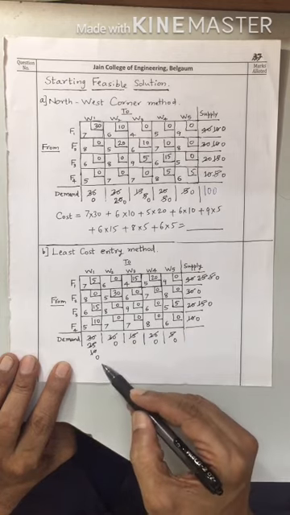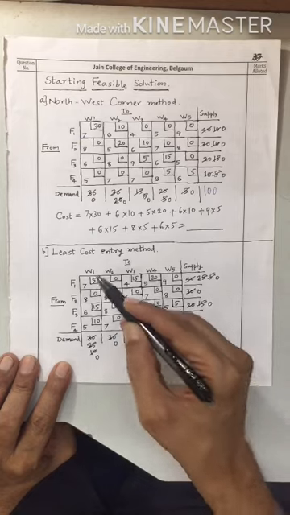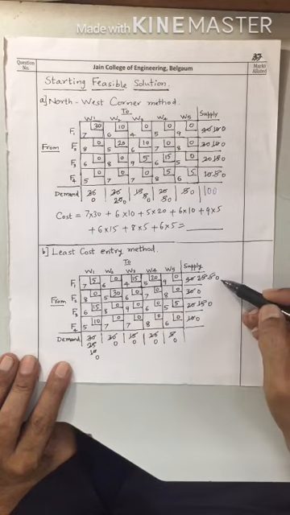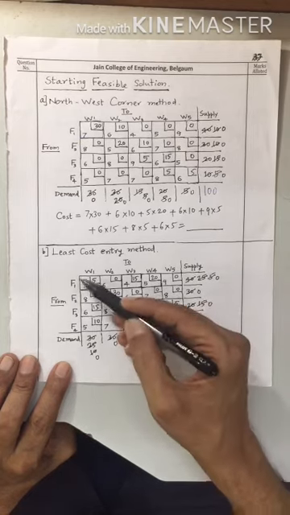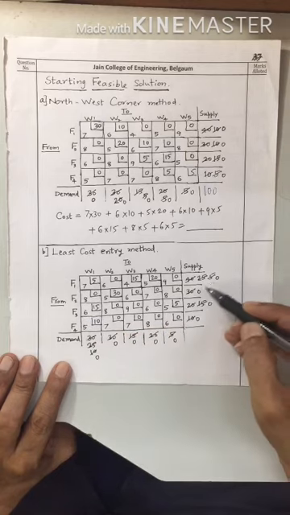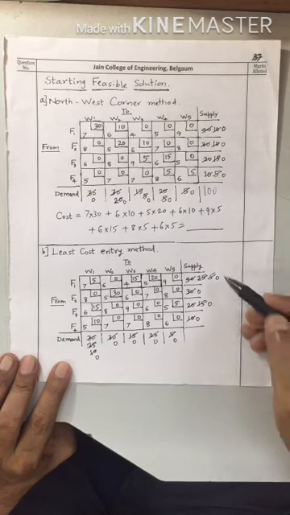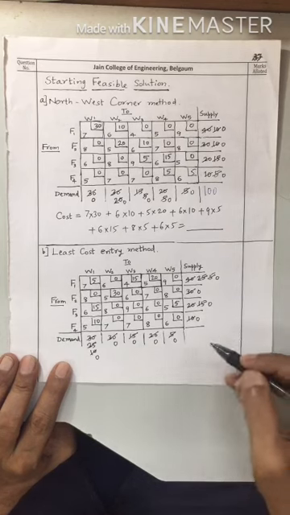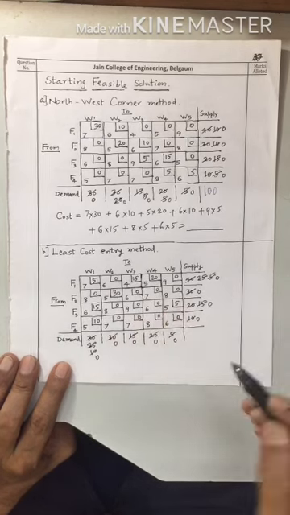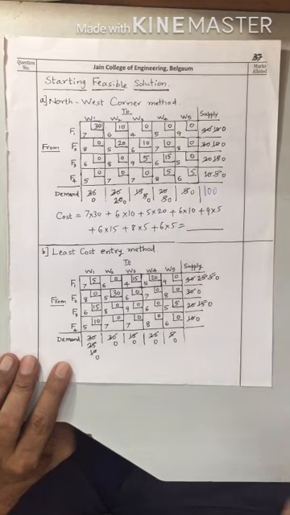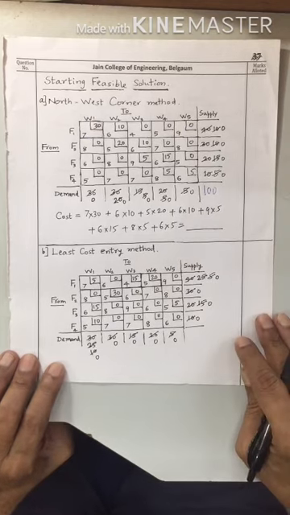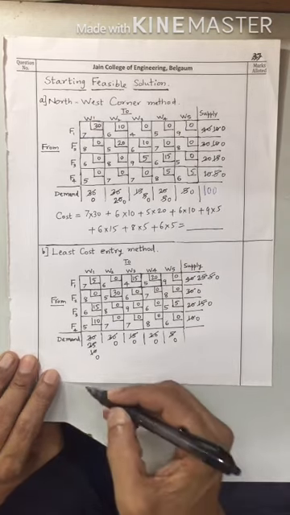So the demand of all these warehouses has been met, and the goods available at factories F1, F2, F3, F4 have also been lifted. That's how. So this is another plan. Please remember, what we are getting is only a starting feasible solution. This is not the optimum solution.